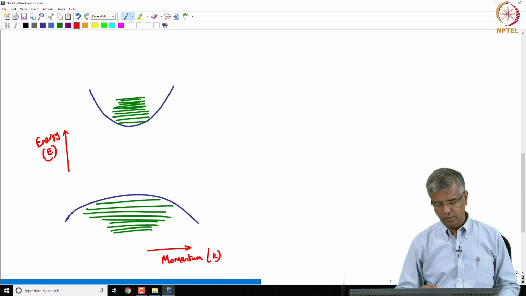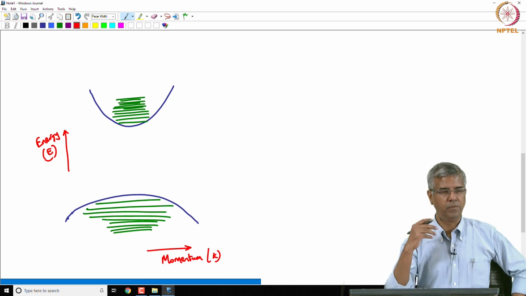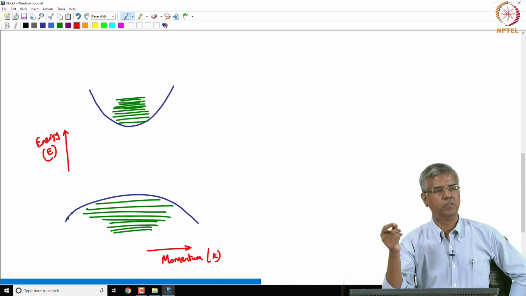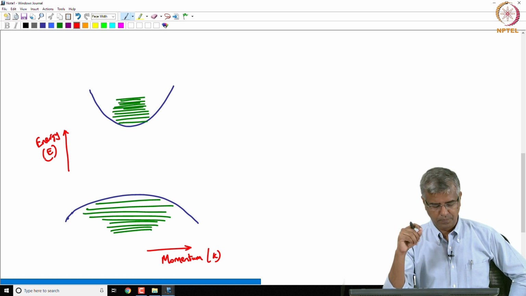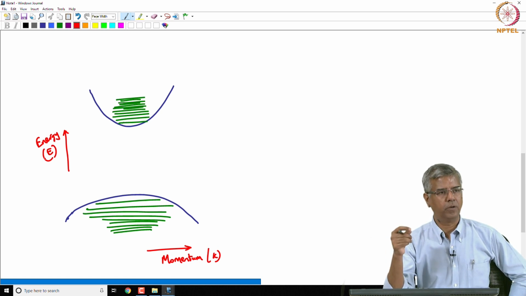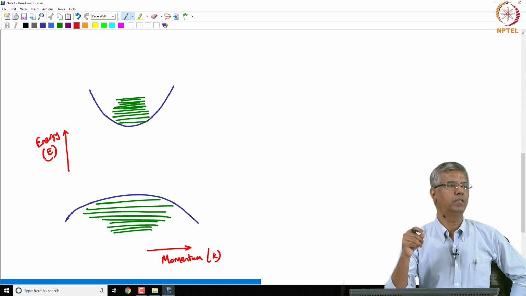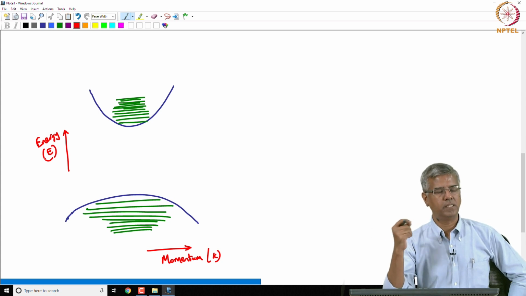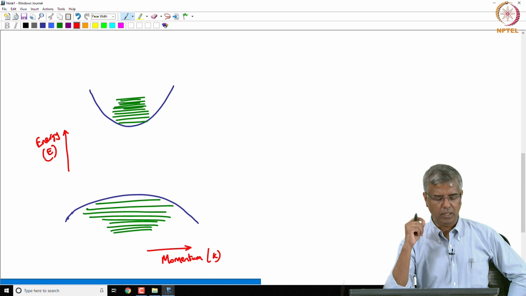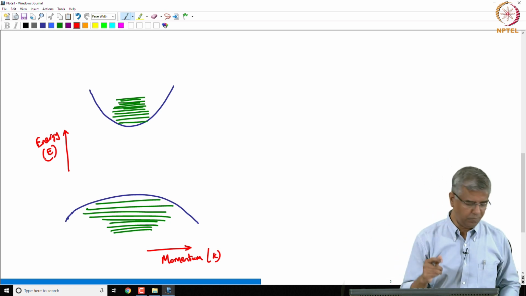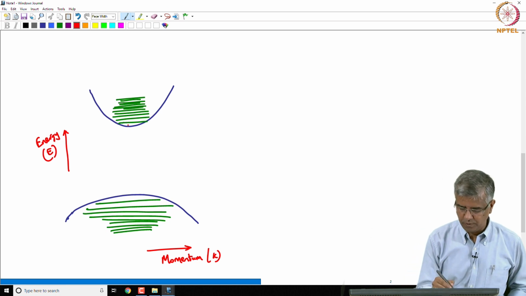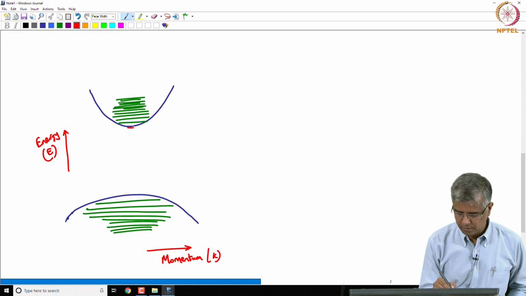So you have, when you solve Schrodinger wave equation, you get an expression for the energy of an electron, okay, which is actually a function of the momentum, okay. Specifically, what we will see is if we say this corresponds to EC and this corresponds to EV.